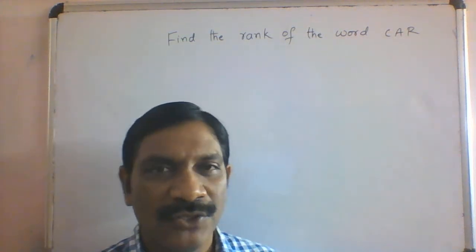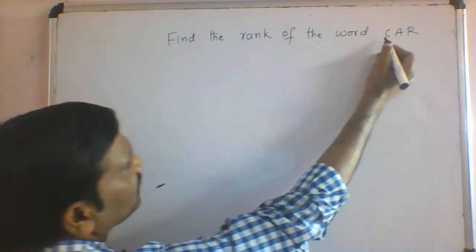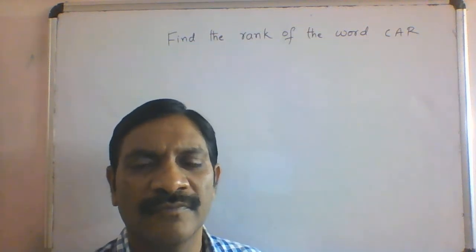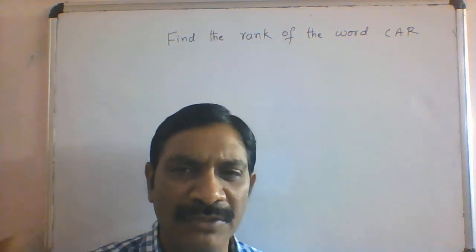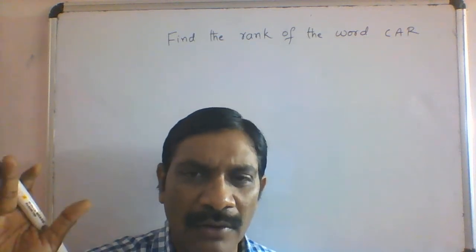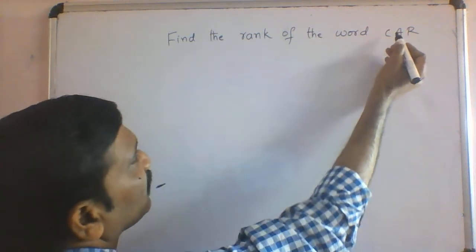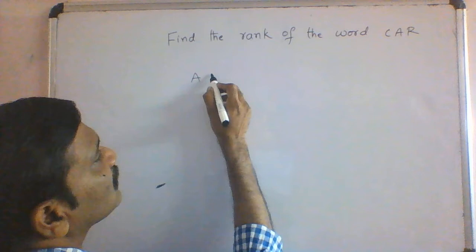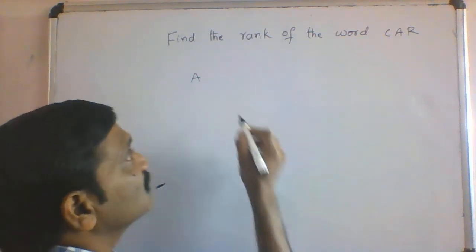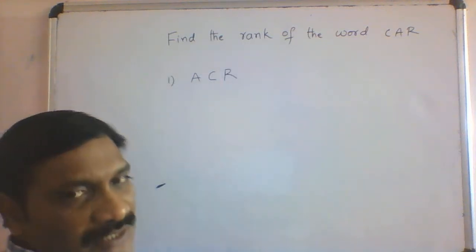So in this, what are the alphabets present? First, let us write them in alphabetical order. You don't think about its meaning, whether it has a meaning or not. You write according to the alphabetical order. So A comes first, after A, C comes next, and R is the last letter.